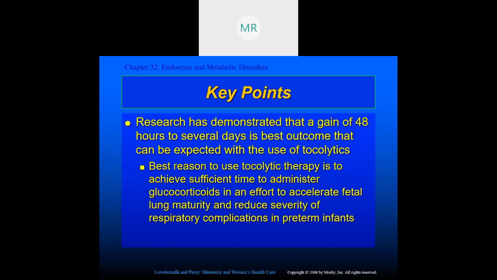We are gaining some time for that window of the betamethasone, so that baby has at least the 2 IM injections, 24 hours before delivering. So we want to buy ourselves some time before we deliver that mom, so that the betamethasone gets to baby.